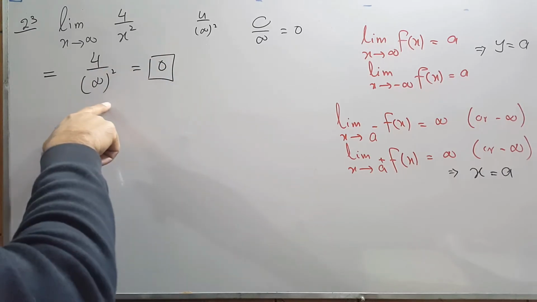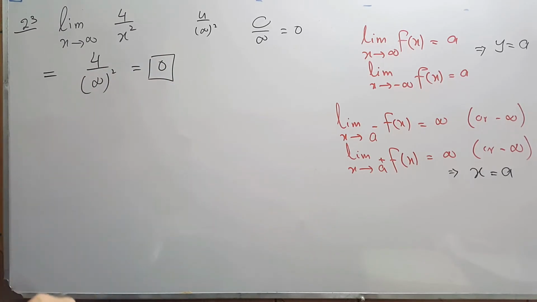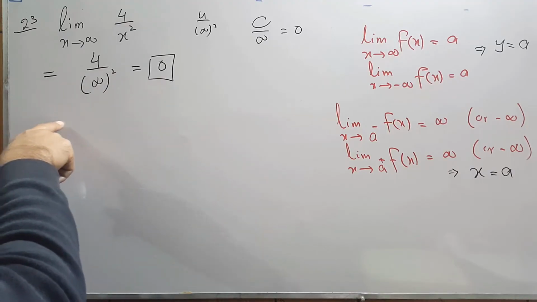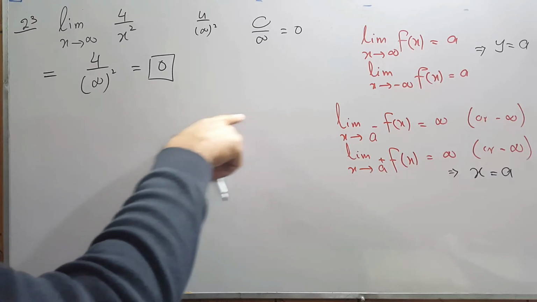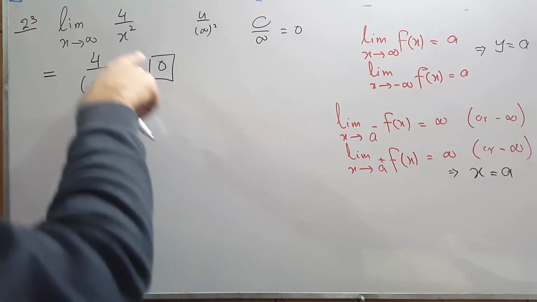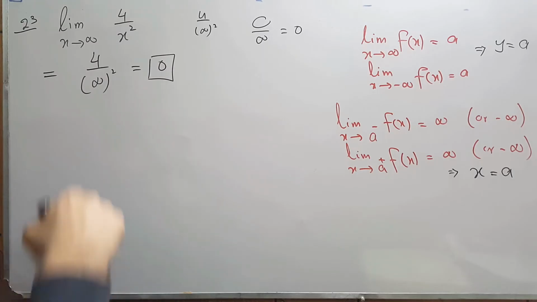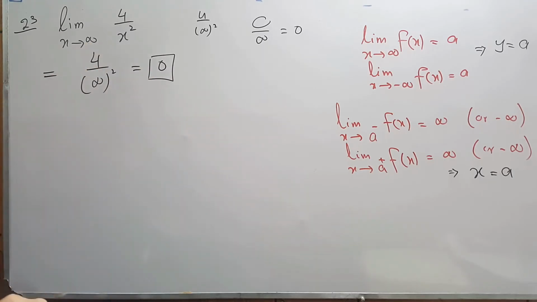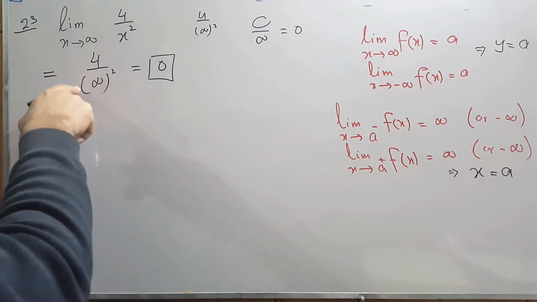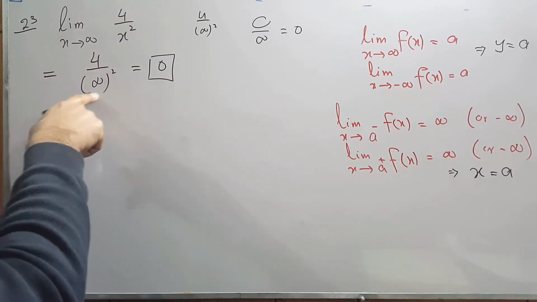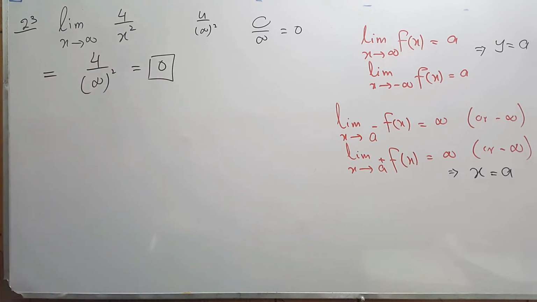Or you can find this out from the table. If you put the values from a very large value and go towards 0, then you will see that this term is becoming smaller and smaller, and at the end it approaches 0. Or you can straight away put the value, because you cannot simplify it further. So if you substitute the value, it will give us the 0 value.